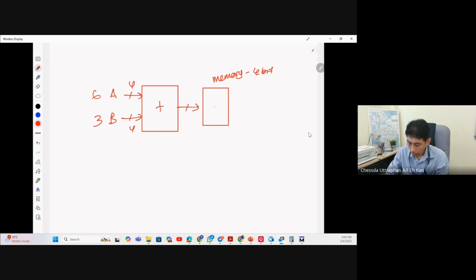So if the result is big, we cannot store it in 4 bit memory. What we need to do is have an extra space where we can save the extra result in the next memory location.